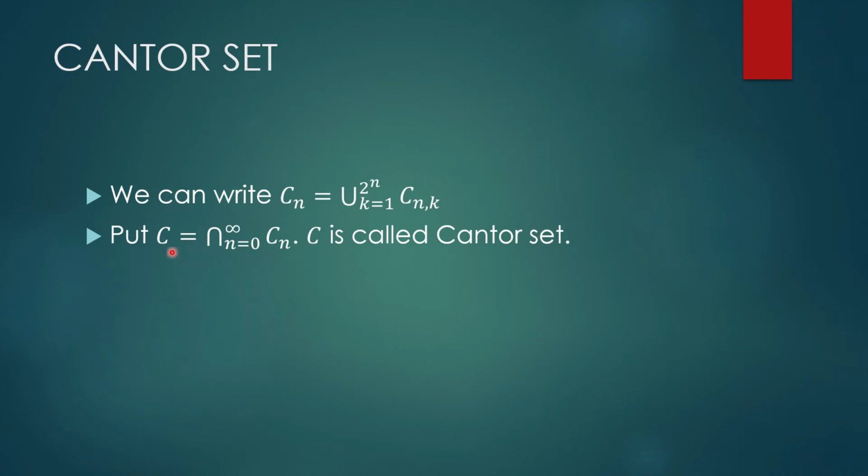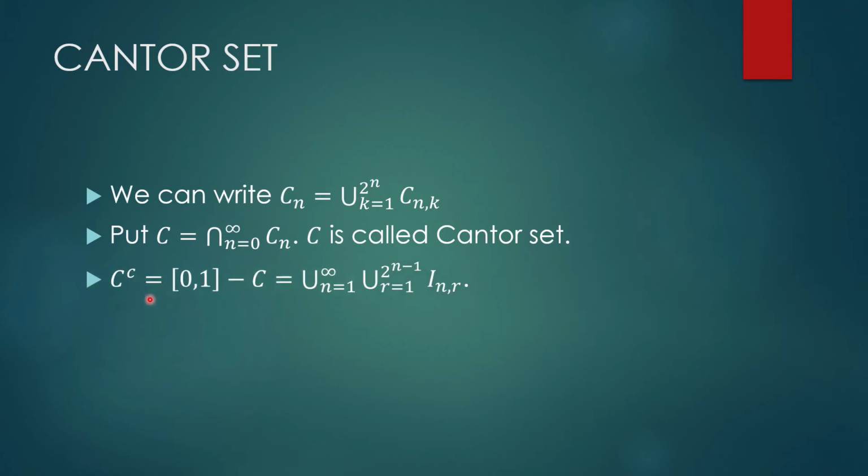And then you put C equal to the intersection of Cn, n going from 0 to infinity. Then C is a closed set, because each Cn is a closed set, therefore their intersection is also a closed set. This C is called the Cantor set. That is how we form the Cantor set.